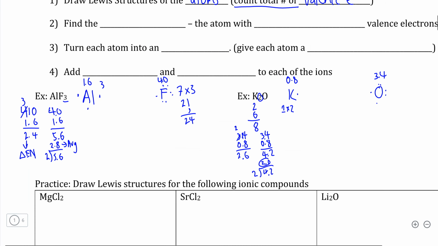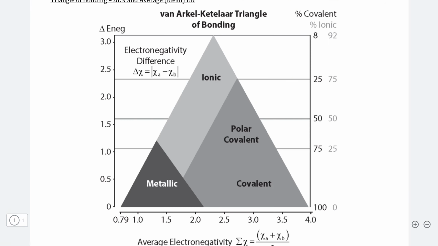So if we do this for aluminum fluoride, the difference is 2.4, the average is 2.8. 2.4 is here, and 2.8 is here. So this technically falls almost outside, but we can see that this clearly falls within the ionic range.